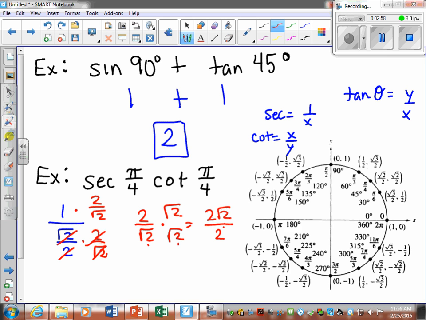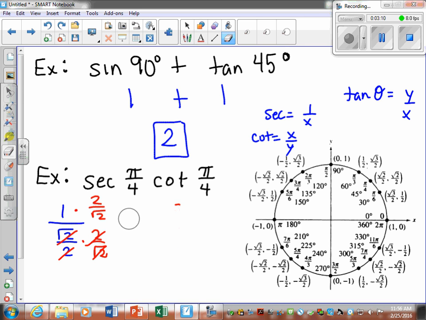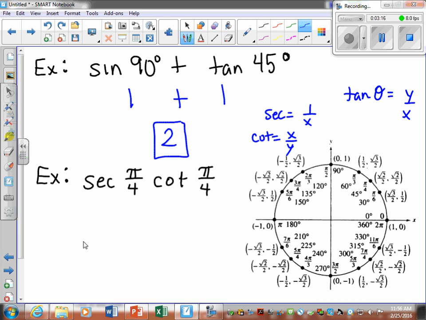And then we can see that these two cancel, so that just simplifies to the square root of 2. So I'm going to erase all that algebra and put the square root of 2. That's the secant of pi fourths.